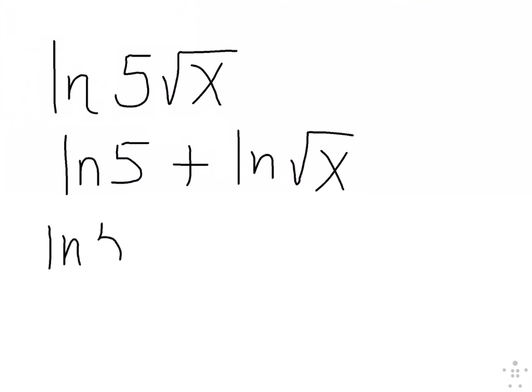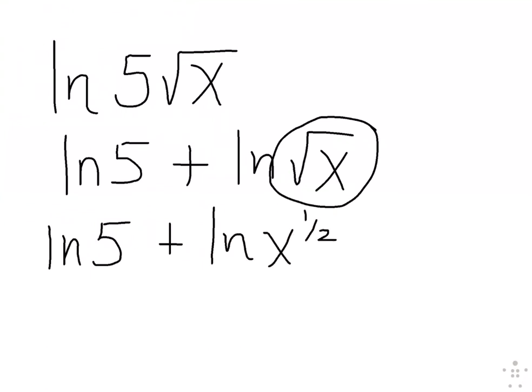The ln of 5 does not change, but how can I rewrite the square root of x? X to the 1/2. Remember, the radical symbol of square root is equal to a 1/2 power.